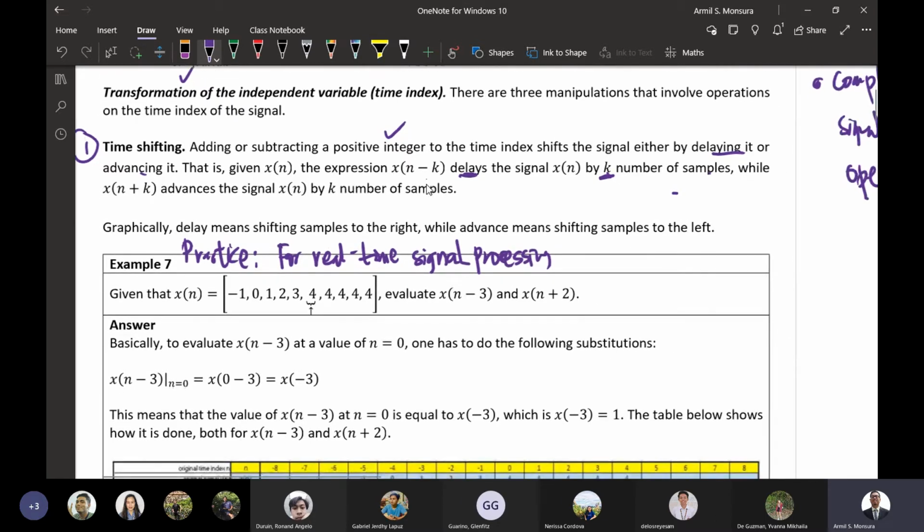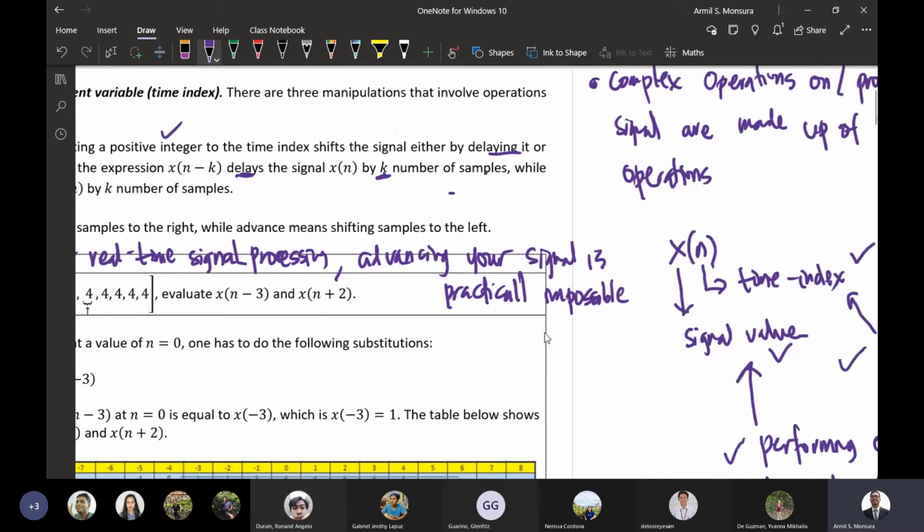For real-time signal processing, advancing your signal is practically impossible to achieve.